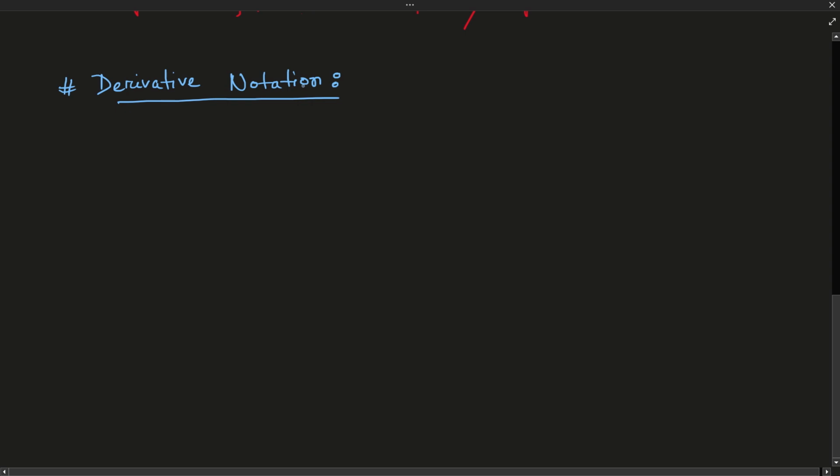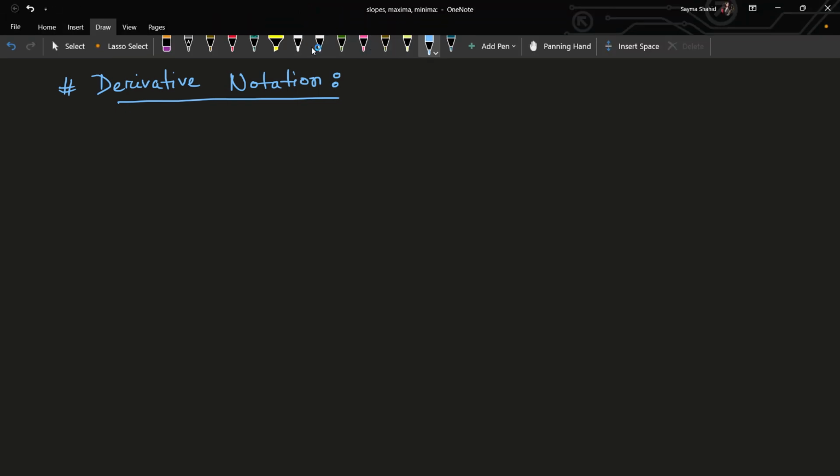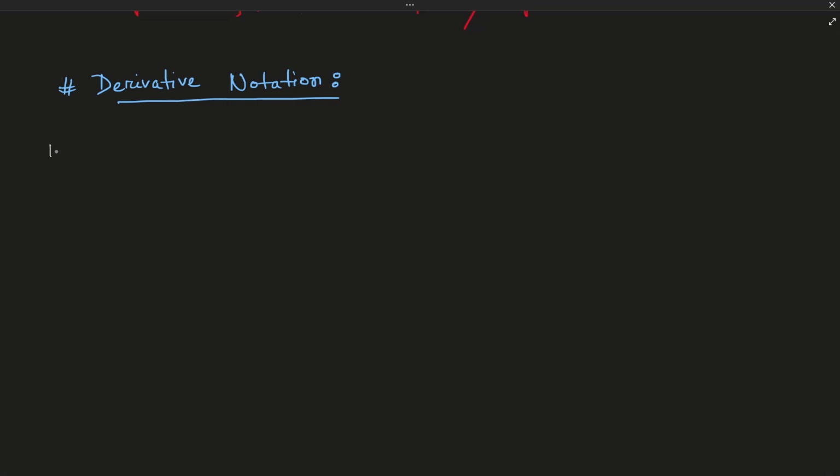Derivatives can be expressed in two ways, and one of them is Leibniz, and another one is Lagrange's. So let's talk about Leibniz notation.